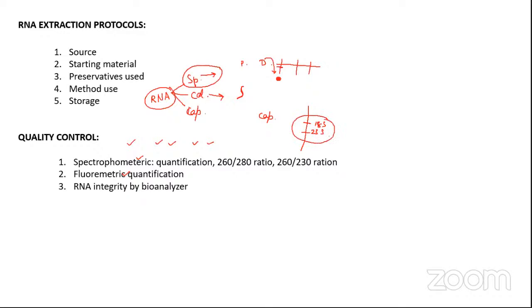So usually this is for eukaryotes. You can see two bands in the capillary. So if you can see these two bands, it means that your RNA is intact and proper. If not, then it means that it is degraded. Again, molecular weight is one parameter for RNA integrity. Here you can quantify also and you can see the integrity of your RNA.